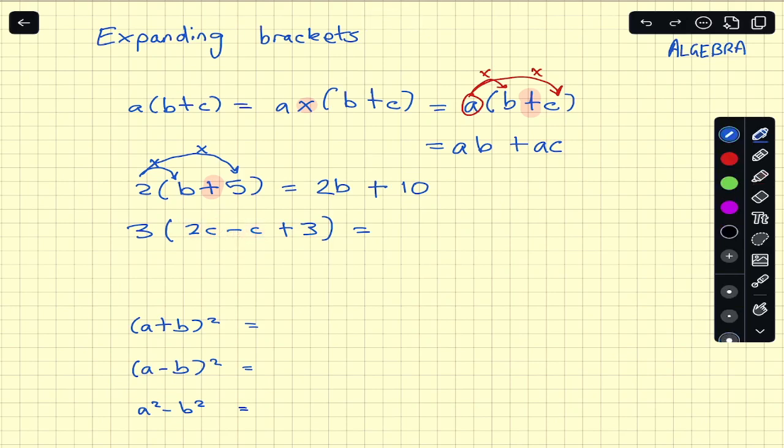So I can evaluate this first. So I'll rewrite this as 3 open bracket, and I'm going to do this subtraction here, 2C minus C, and I get C. And then rewrite the other one, plus 3, because they're not like terms, so I can't do anything further. And then I'm going to do my multiplication, 3 times C plus 3 times 3, which equals 3C plus 9.